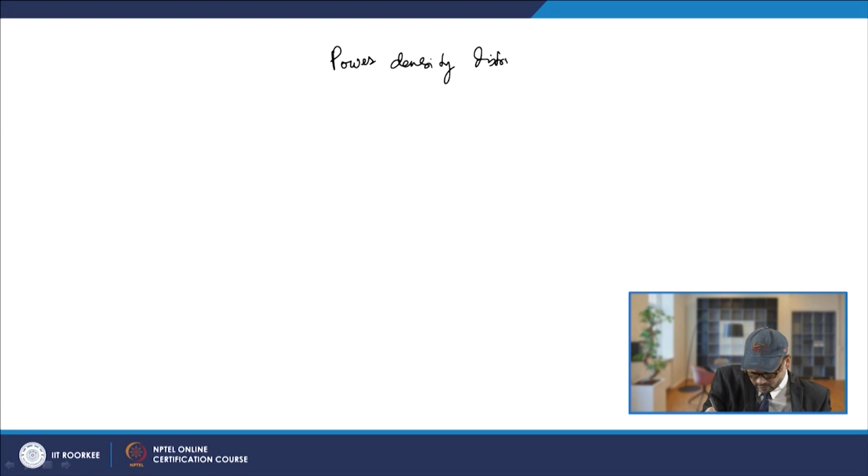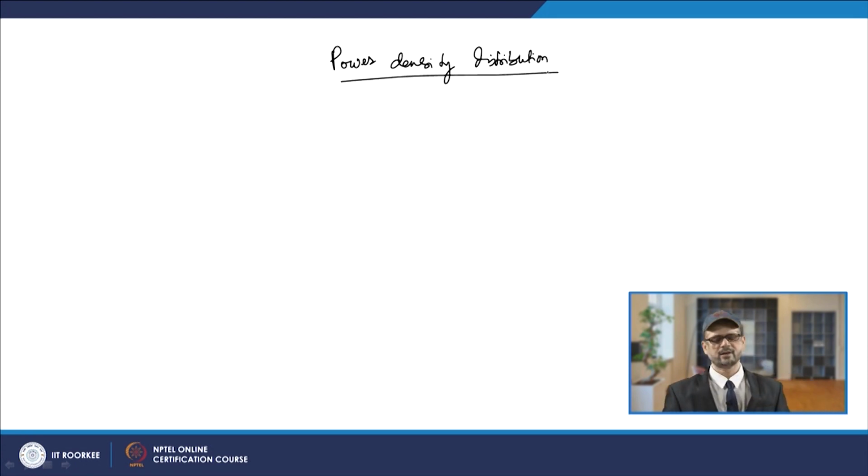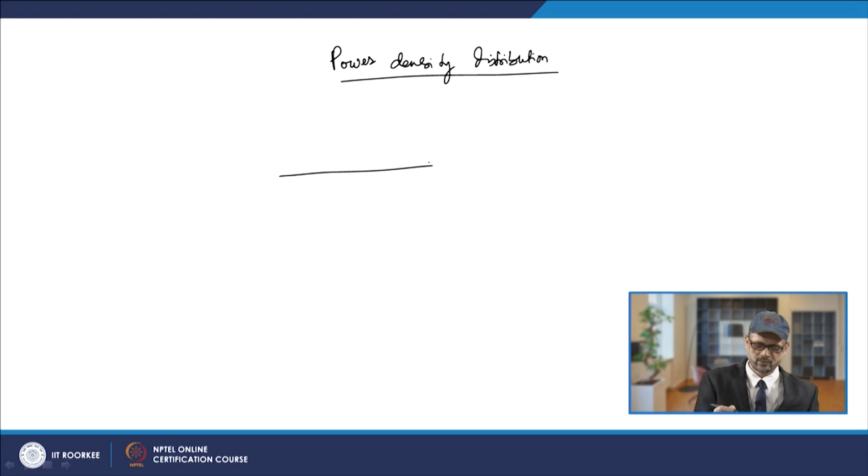Now, you can understand that if you have a different power density distribution, you will have a different weld shape. So, if your power density distribution is a Gaussian type, we take that Gaussian shape.